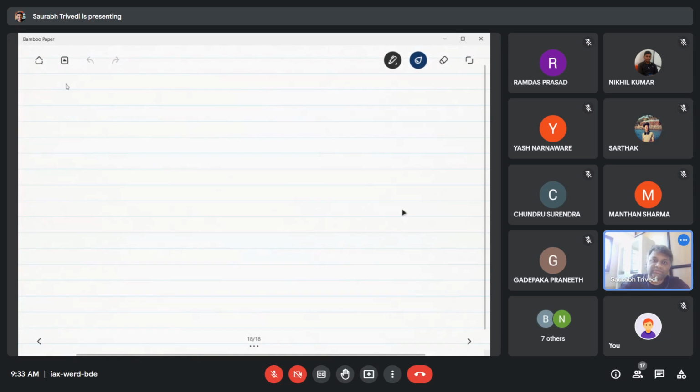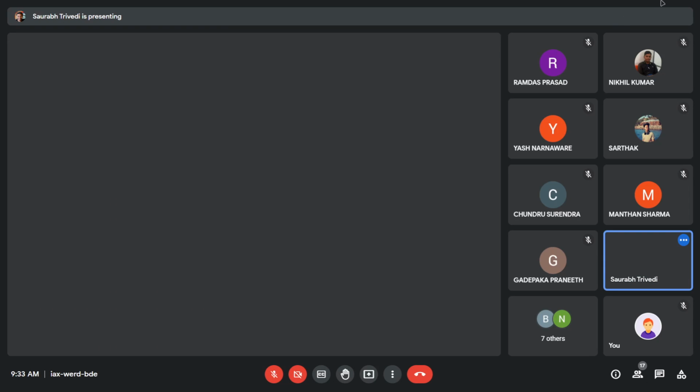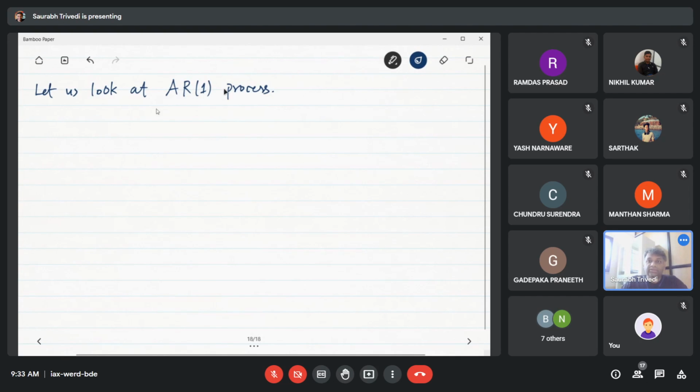Let's take the simplest example, the AR1 process. Suppose this process is given by xt equals alpha 1 xt minus 1 plus epsilon t, where epsilon t is normally distributed with mean 0 and variance sigma square.